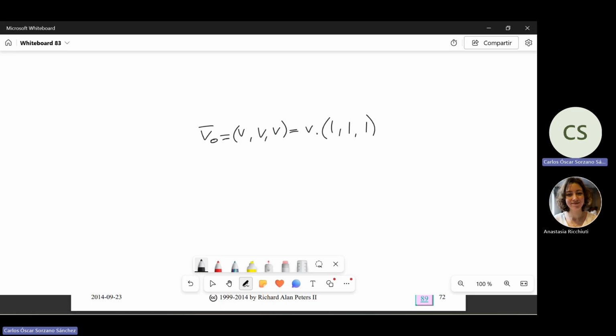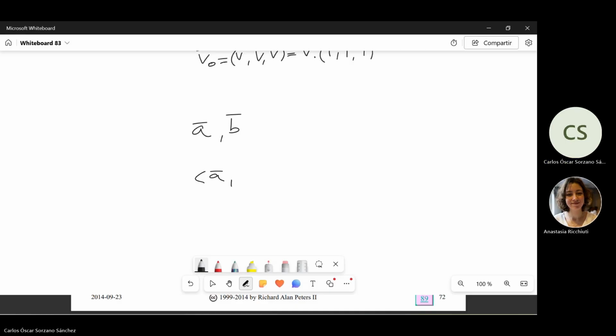Let's say I have a couple of vectors, let's call these vectors A and B. I want to measure the angle between the two. Then I know that the inner product between the two will be the module of one times the module of the other times the cosine of the angle between A and B. So now you solve for that.